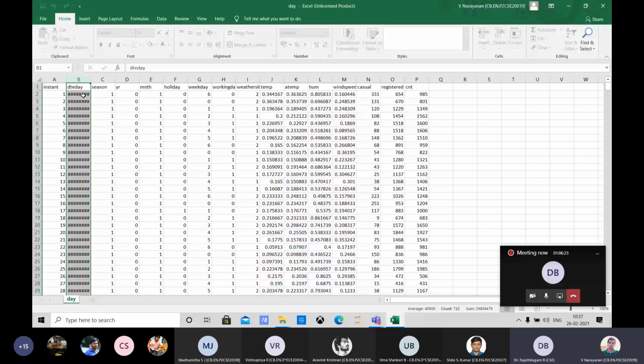Narayanan, can you expand this column B, make it wider? It's actually the date, ma'am: 2/1/2011, 4/1/2011. Yeah, just expand it a little.